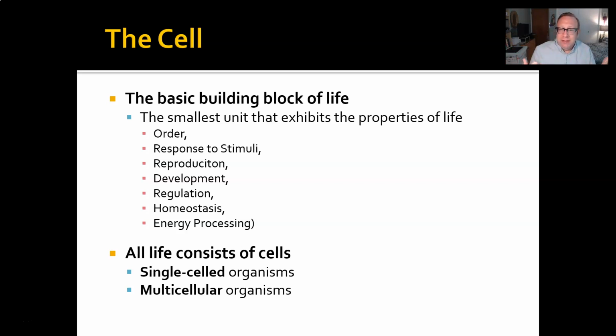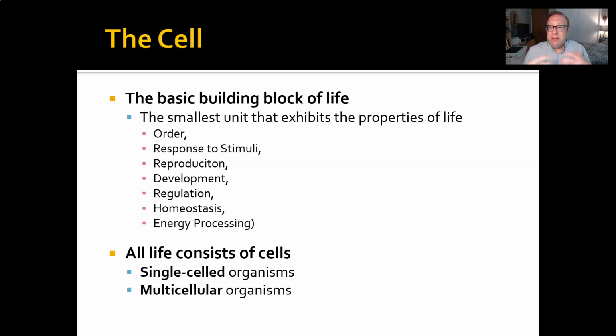To qualify as a living thing, something has to show the properties of life, and these are: it has to exhibit order, response to stimuli, reproduction, can make more of itself, right?